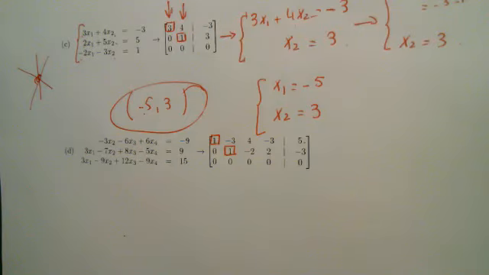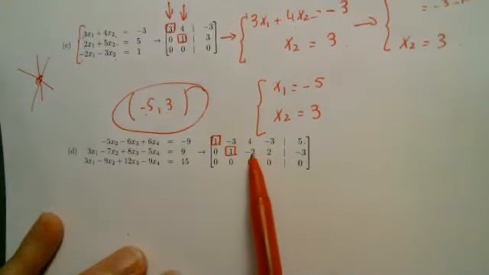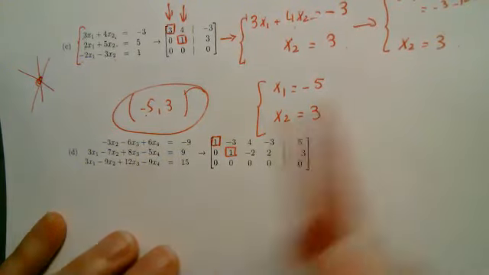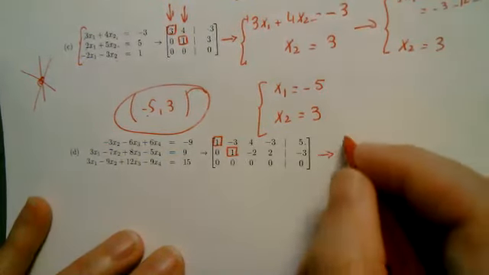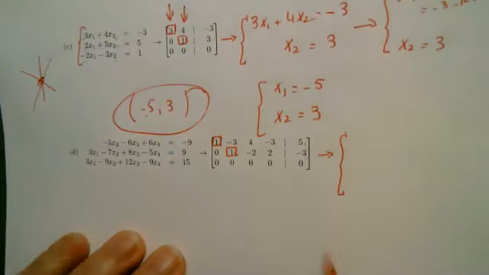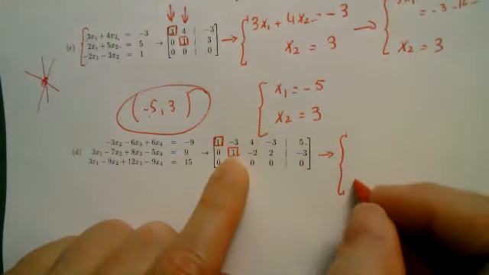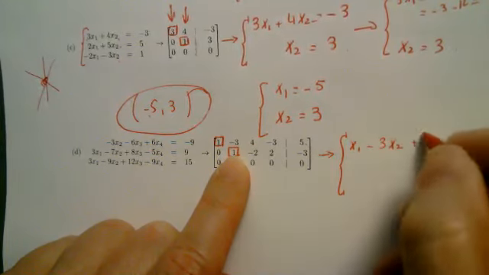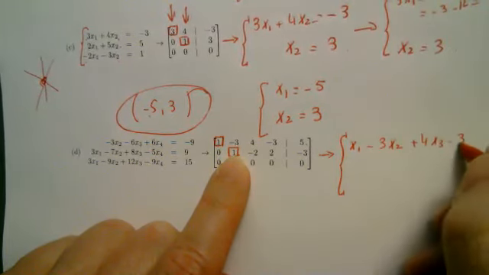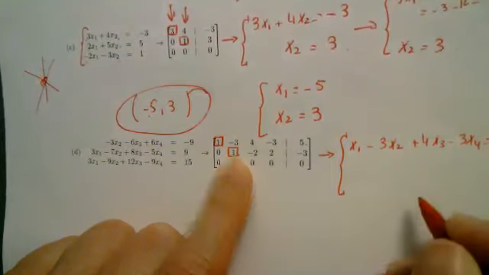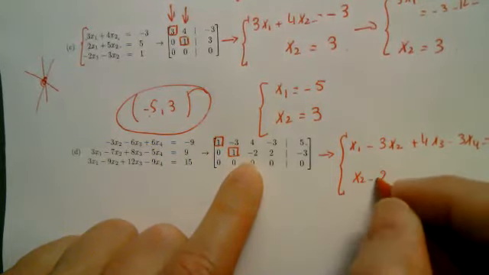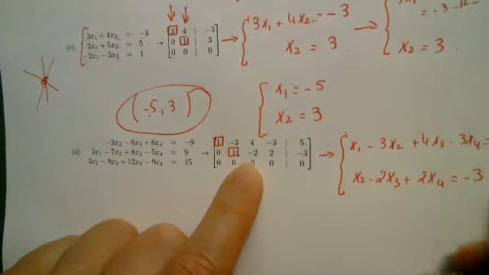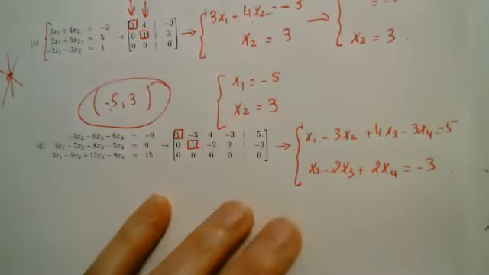Infinite. What's going to cause the infinite is that x3 and x4 are going to be free variables. Before I solve, let me convince you one more time what's happening. There is no leading here. So the first row will read x1 minus 3x2 plus 4x3 minus 3x4 equals 5, and this will read x2 minus 2x3 plus 2x4 equals -3.